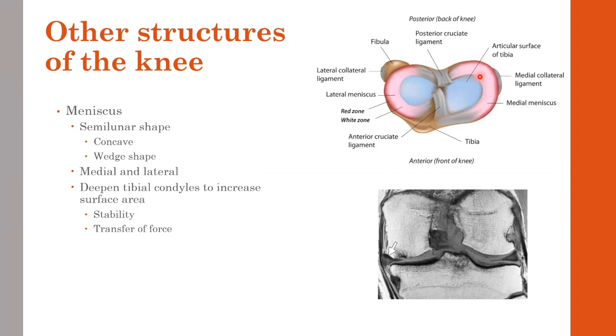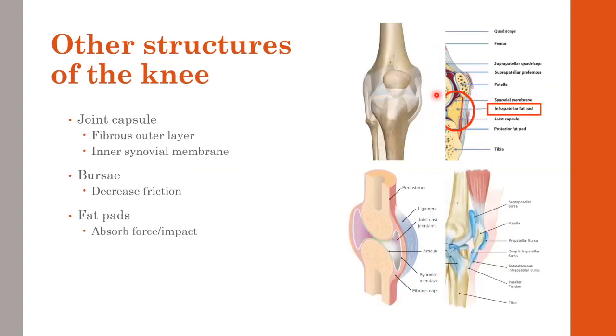And just like how we see with other labrum structures, it's used to deepen the tibial condyles to increase the surface area. The main function, of course, is to provide that stability and further promote the proper transfer of force.